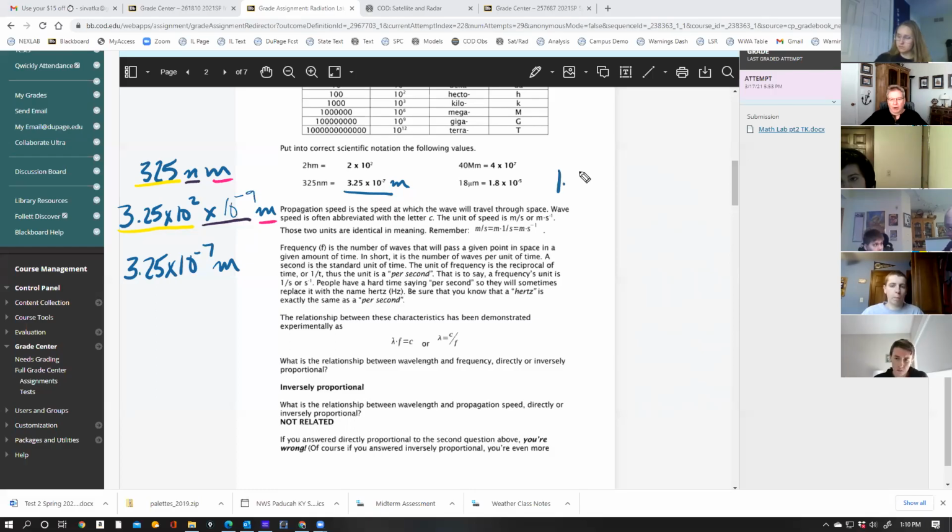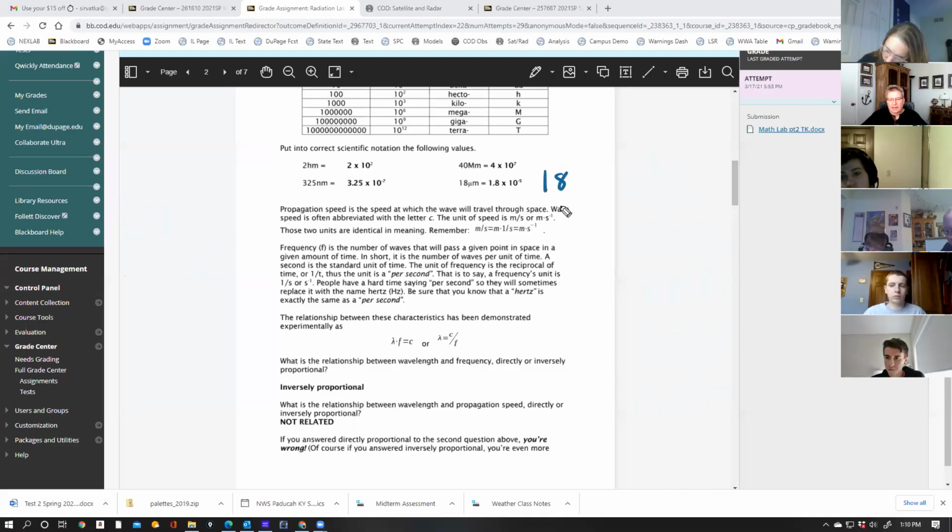All right, 1.8 times 10 to the -5th. Oops, sorry. 18 micrometers. So this is the Greek letter mu, right? That little letter here is mu. Mu is like a French cat.